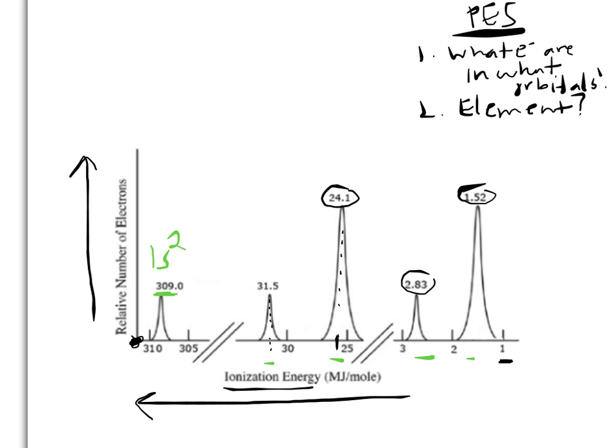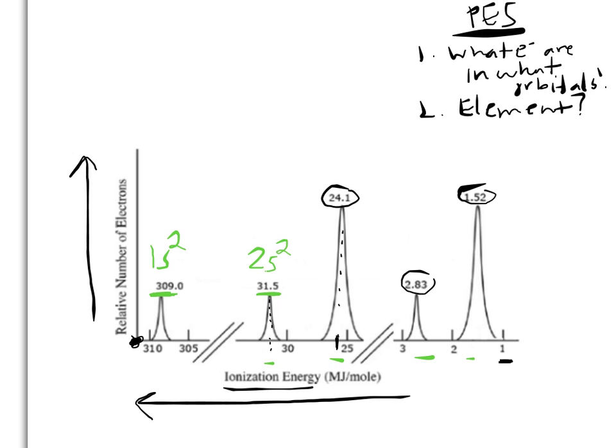So after the 1s2, we know the next lowest energy orbital is the 2s2. We can determine how many electrons are in that orbital by looking at the height of the peak. Since there were 2 electrons in the first peak, and this peak is the same height, there must also be 2 electrons in this orbital.